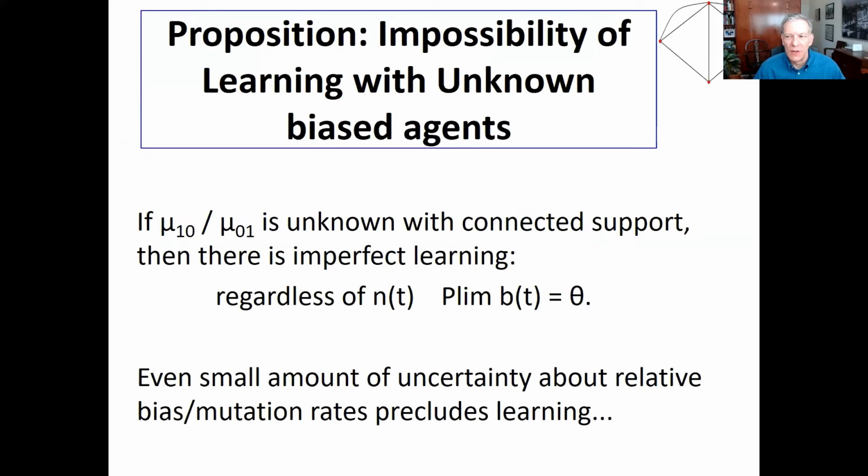If this is unknown, but has even some small connected support, then there's going to be imperfect learning. So regardless of how many of these chains you see, the limit beliefs are going to be your prior belief.